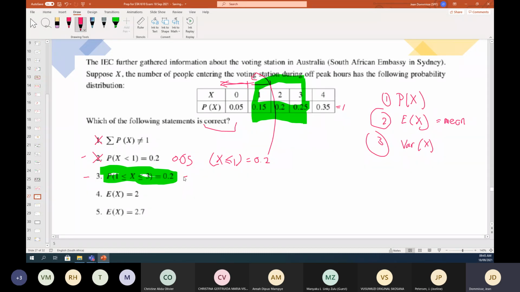So it is actually 0.15 plus 0.2 plus 0.25, that is equal to 0.6. Okay, so that one is also wrong.